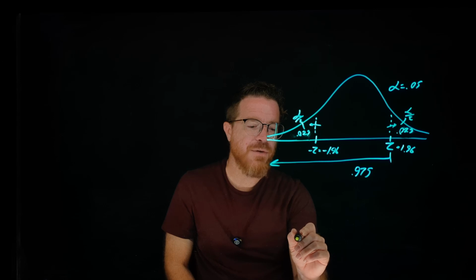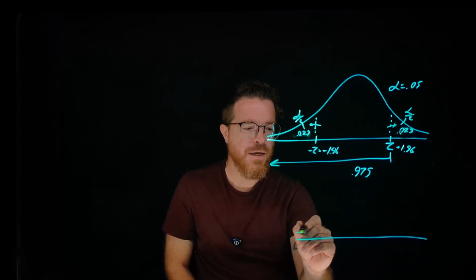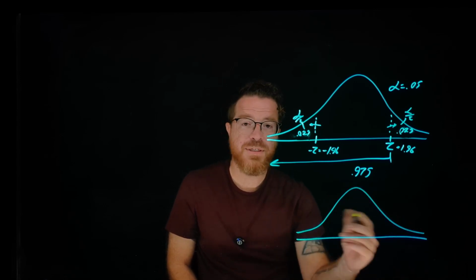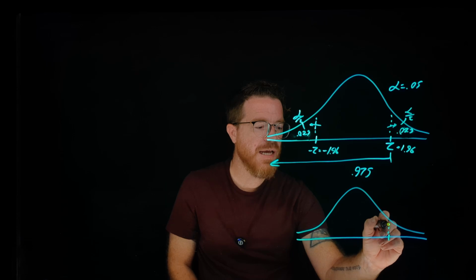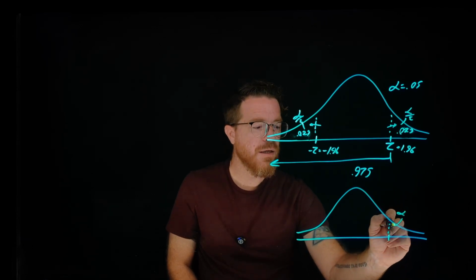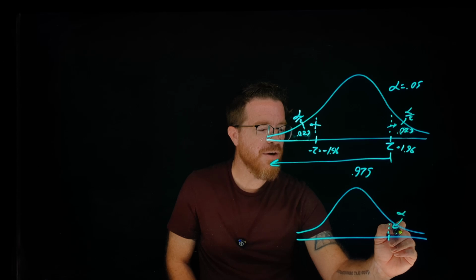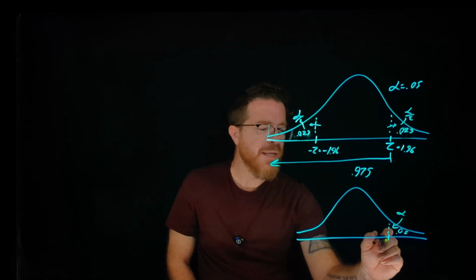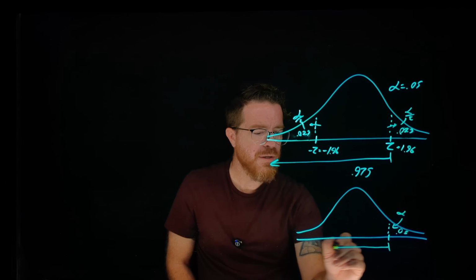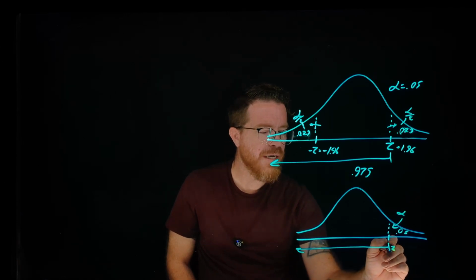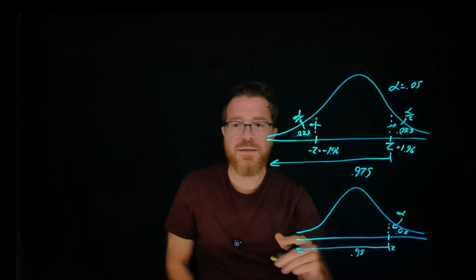Now, what happens if we have a one-tailed test? Still using alpha equals 0.05, I'm now going to have all of this just in this rejection region if I'm doing a right-tailed test, meaning that the area of this rejection region is 0.05, meaning that I would need the z-value that accounts for 0.95 of the data to the left.